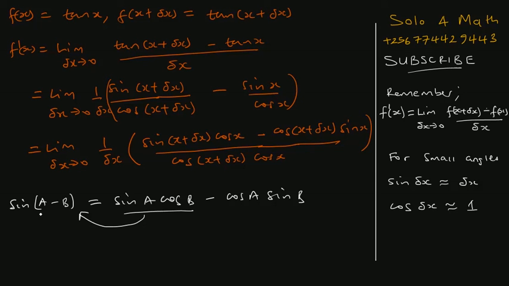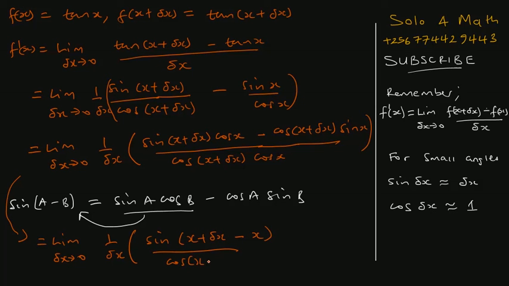Okay, so when we continue with our expansion from this, we have a limit as dx tends to 0 of 1 over dx into, since this is our a and this is our b, in the numerator we shall remain with sine a, which is x plus dx, minus b, which is x, over cos x plus dx cos x.